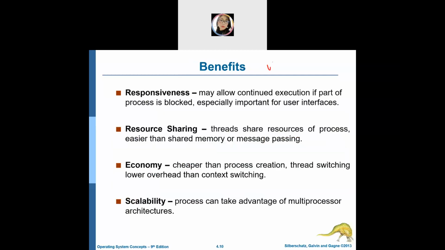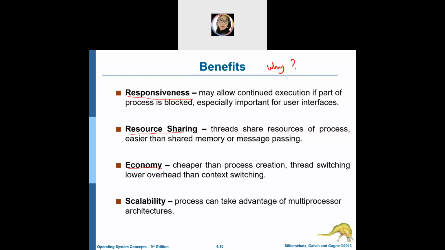And why do you need the thread? What is the benefit or advantage of the thread? So here in our module 4, we are sharing 4 benefits of threads. First is responsiveness. Second is resource sharing, because the threads share the resources of the process.